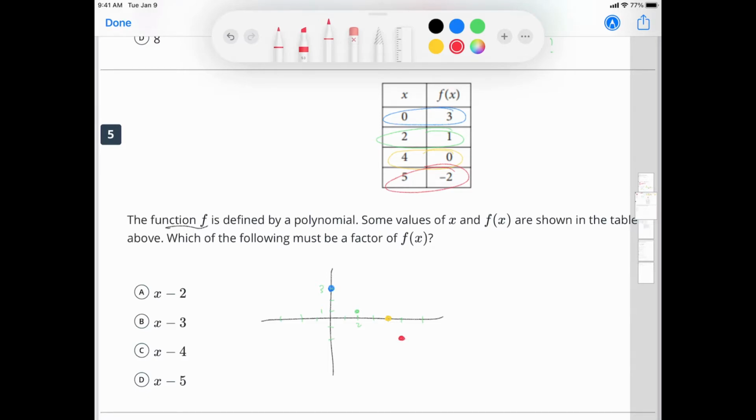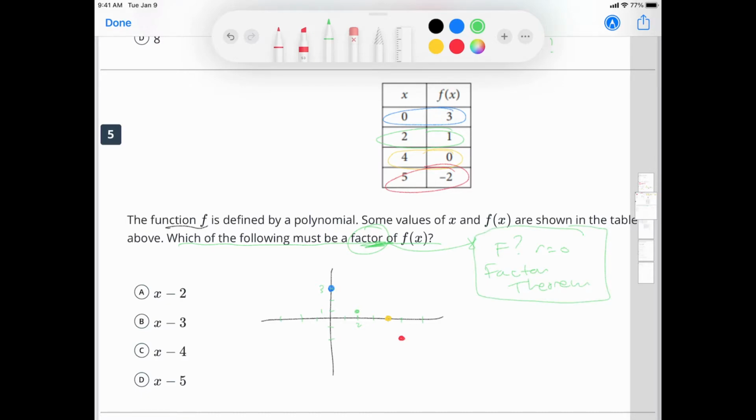And then they're asking which of these must be a factor. Just like we did in the last problem, a factor basically means that the remainder is equal to 0. That was what the factor theorem is. Let's write it out. Factor theorem: it is a factor when the remainder is equal to 0.